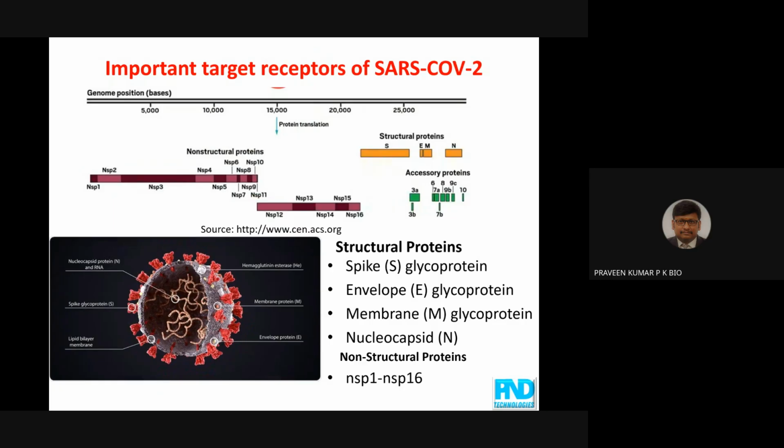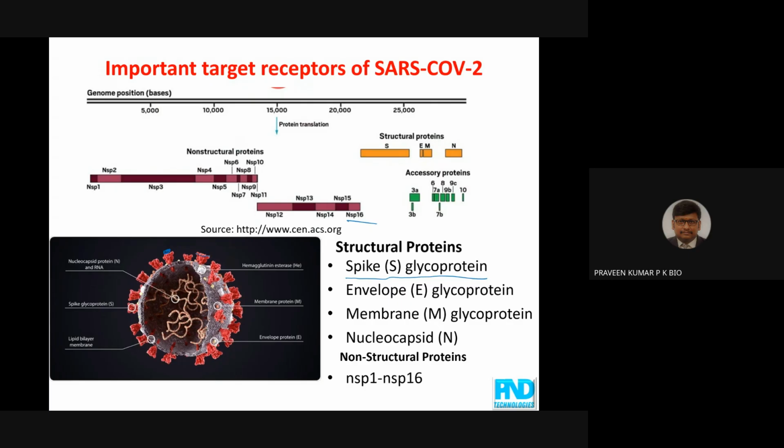One more example I can provide is SARS-CoV-2. In SARS-CoV-2, we have 16 non-structural proteins, including proteases and polymerases. These are, of course, important proteins in other viruses. But compared to the non-structural proteins like proteases and polymerases, the most important target in SARS-CoV-2 is a structural protein called spike glycoprotein, which is present on the surface.